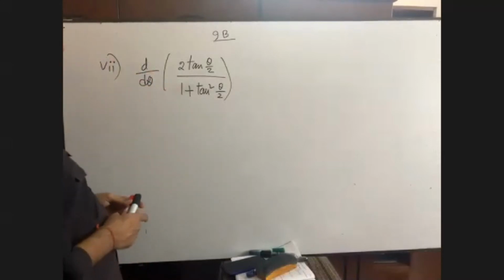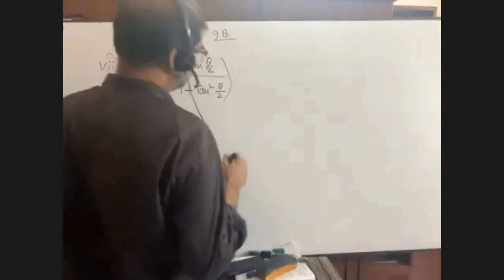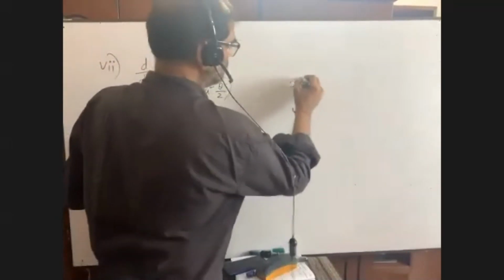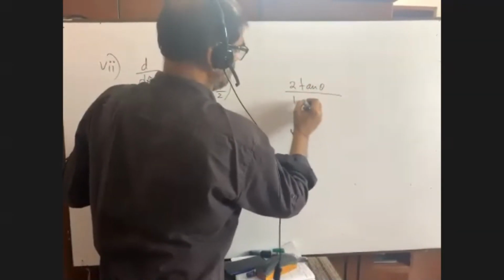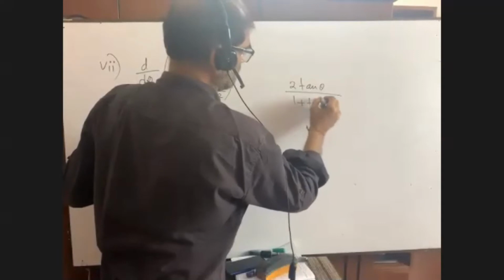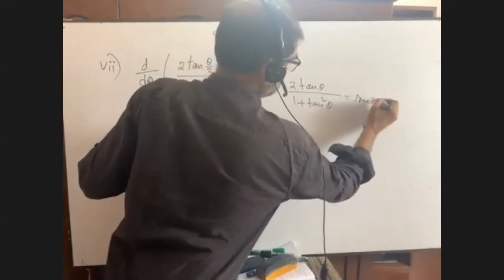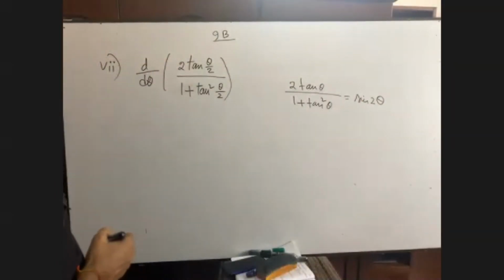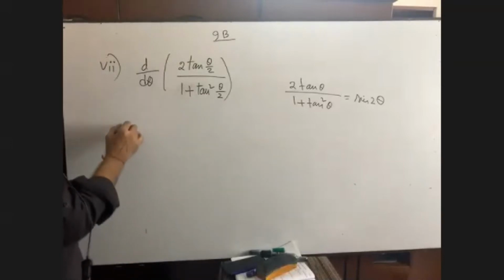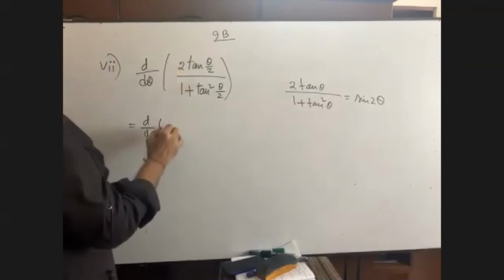Okay, this is one of the ways. Second way, you see, there is a formula 2 tan theta by 1 plus tan square theta is equal to what? Sin 2a. Can you remember this formula? Yes, sir. So we can put it into the formula d by d theta. It will be sin theta only.